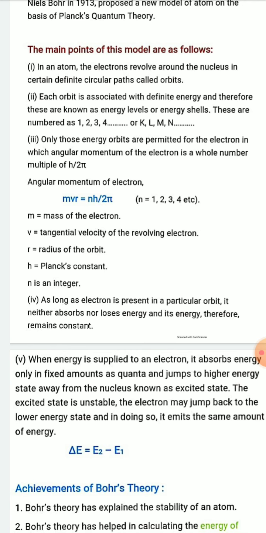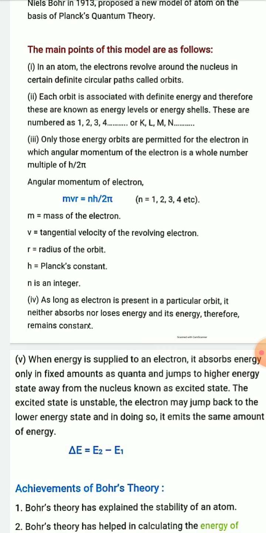That is, n is the shell number, or sometimes it is also called the principal quantum number. The value of n is 1, 2, 3, 4, and these allowed orbits are numbered as first shell, second shell, third shell, or first orbit, second orbit, or K shell, L shell, M shell, N shell, like this.